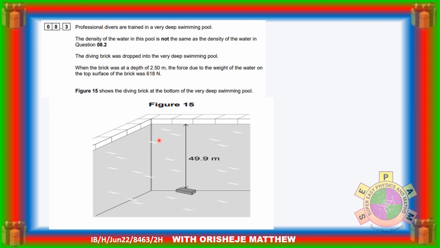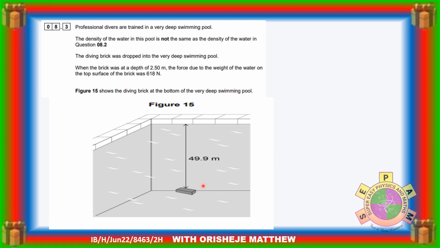Now figure 15 shows the diving brick at the bottom of the very deep swimming pool. So how deep is the swimming pool? From this dimension here, that is 49.9 meter. So what they want you to do is to compare the force acting on the brick at the bottom to the force acting on the brick near the top. Mind you, it is a critical thinking question.